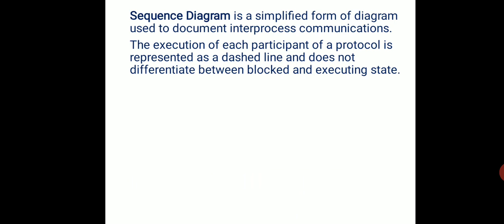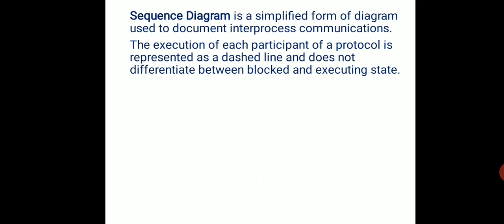So there is one more concept, it is a sequence diagram. Sequence diagram is a simplified form of diagram used to document inter-process communications. So it is the simplest form of diagram used to document inter-process communications. The execution of each participant of a protocol is represented as a dashed line and does not differentiate between blocked and executing state.